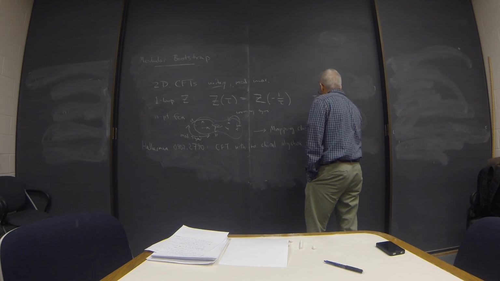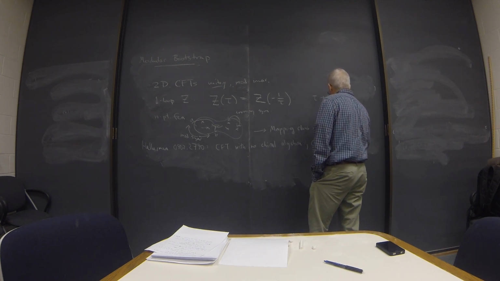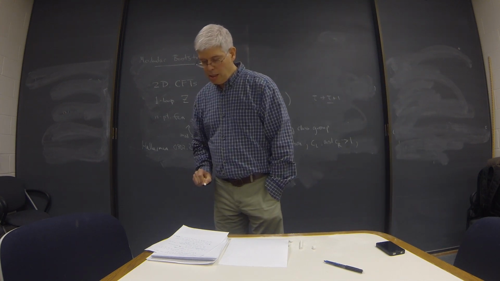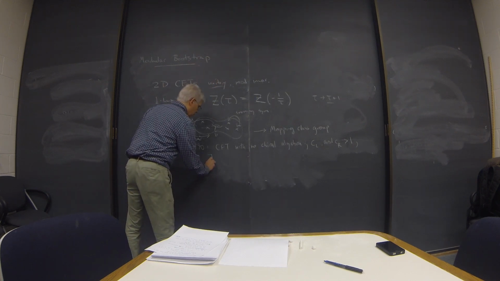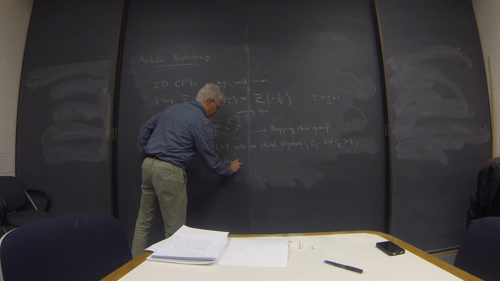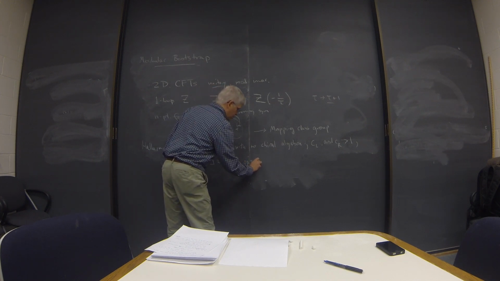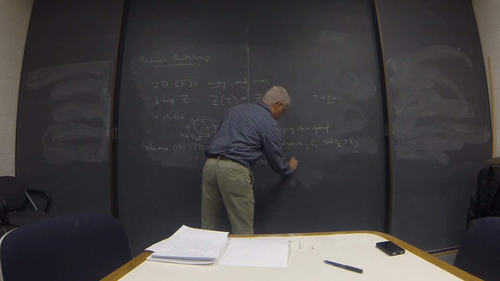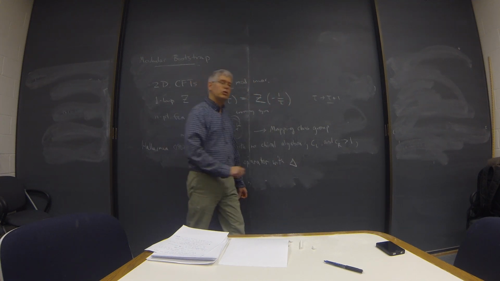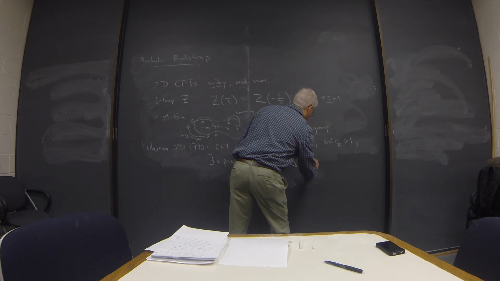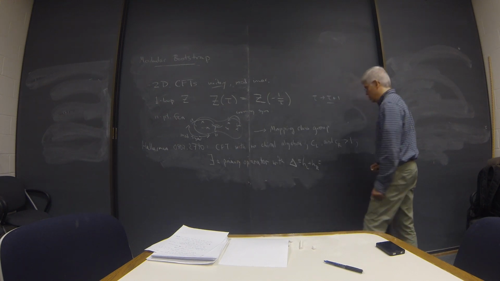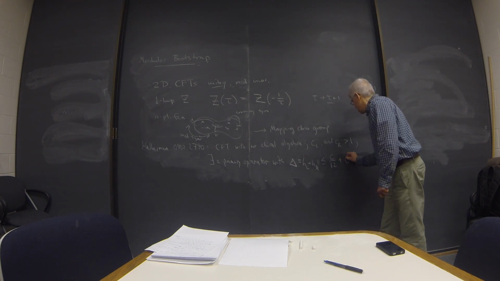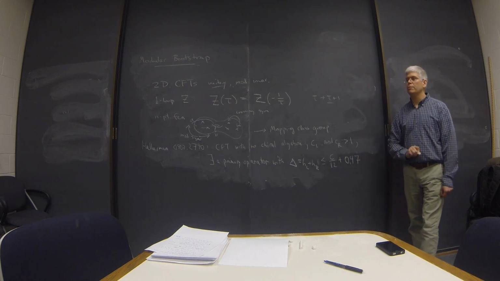With c left and c right, the left and right moving central charges, both greater than 1, he proved that there is a primary operator, no statement about the spin here, with dimension delta, which is the sum of the left and right moving dimensions, less than or equal to c over 12 plus a constant, which is something like 0.47.